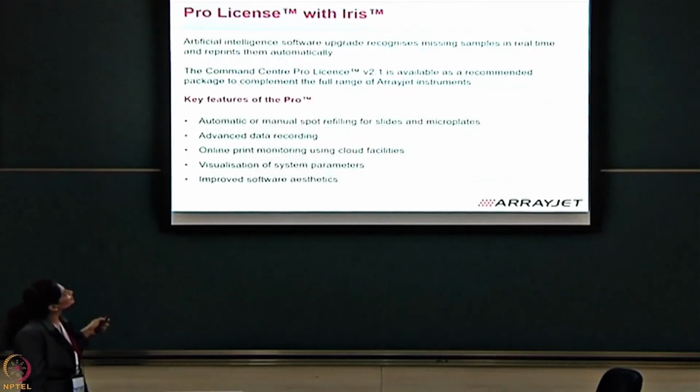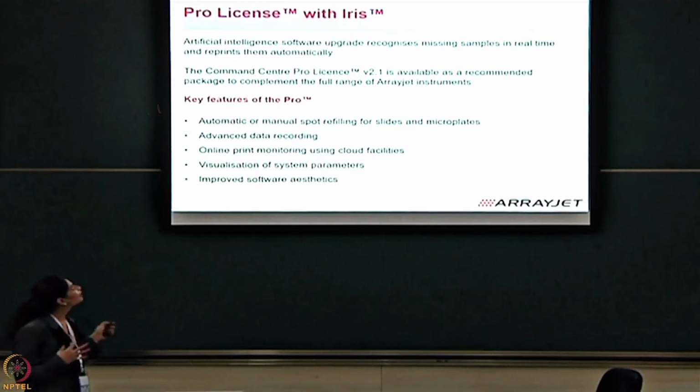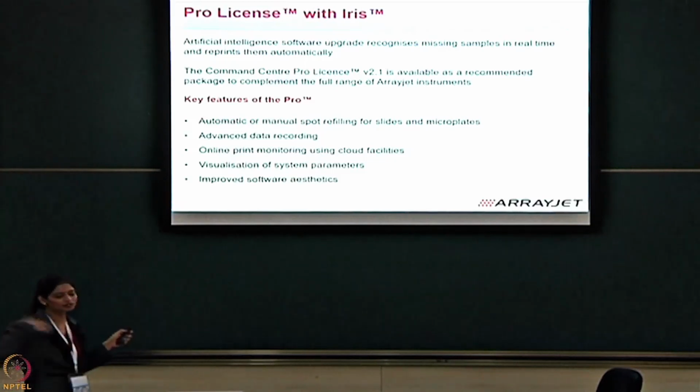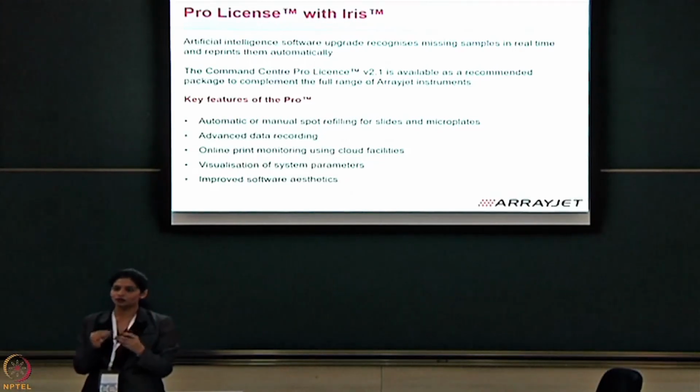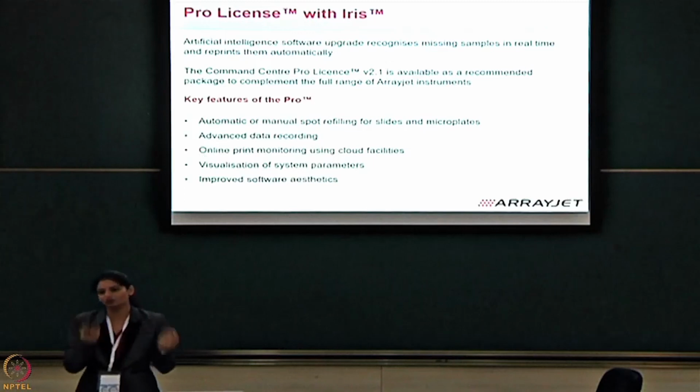What's a Pro license? The Pro license has the unique ability to remember, recognize, reprint, the 3 Rs. That is an advanced feature of the software that comes along with the camera. So think about it this way. You need a camera to detect your issues. But if you want the camera to remember and reprint, you need advanced software.